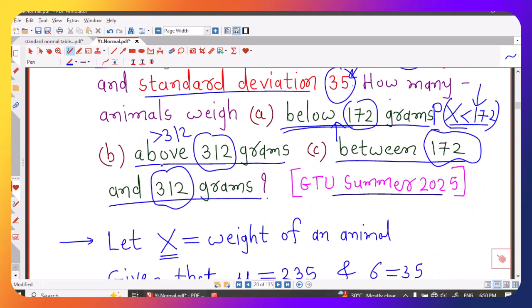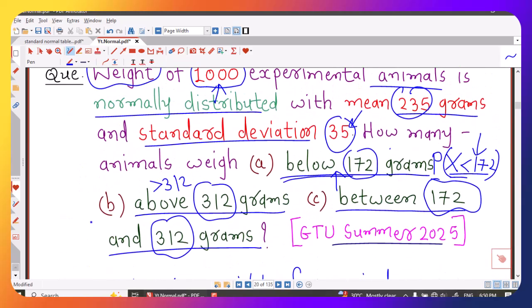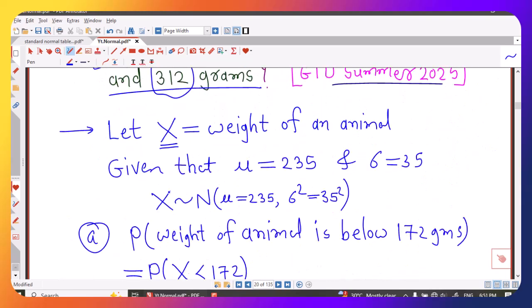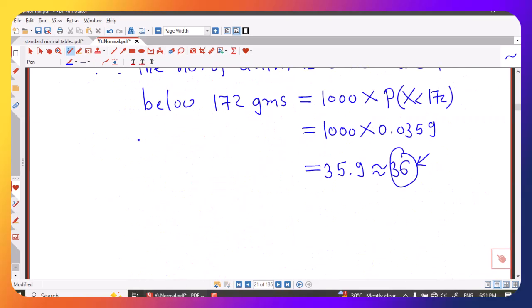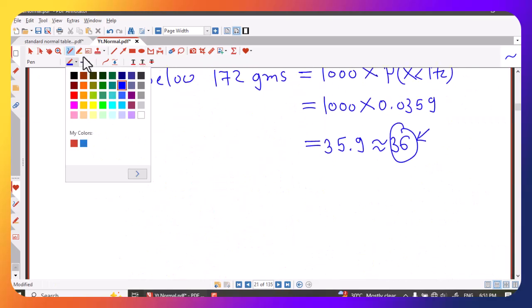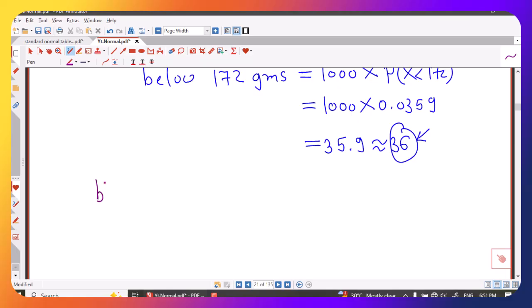So this is the first part. In the second part we have to find the number of animals whose weight is above 312 grams. So first we calculate the probability of weight which is greater than 312 grams.